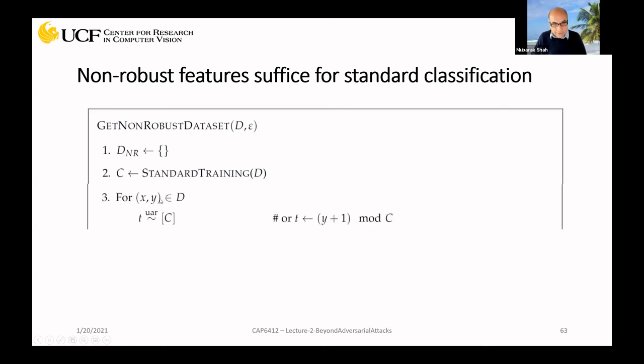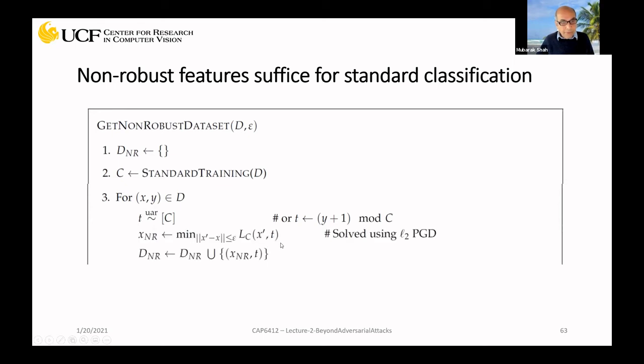And then we take X, Y from the data set, and we assign a label from all possible classes randomly, just say class T. That's one way. The other way, we can just take y+1, just the next class. So we pick that label.